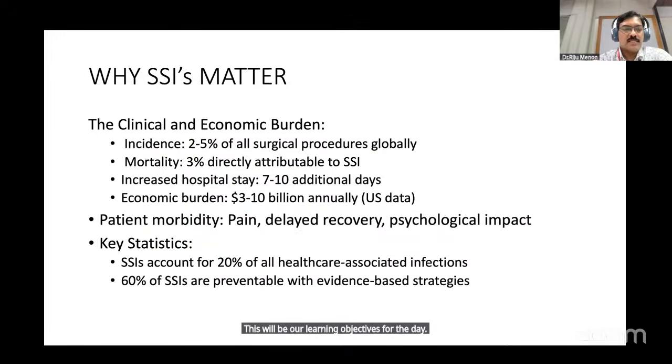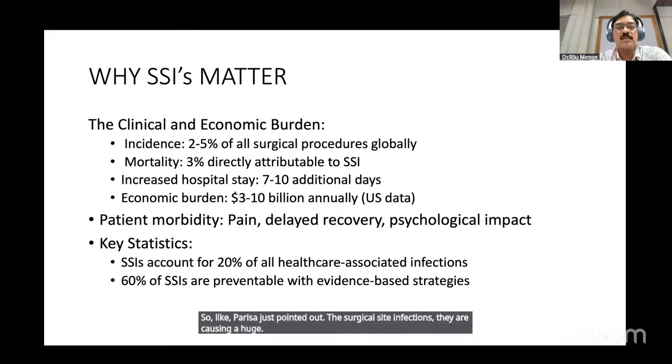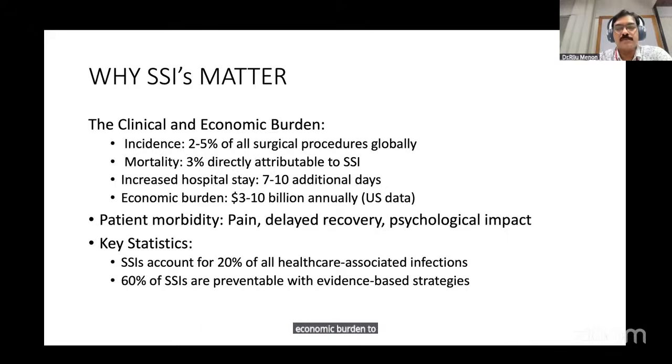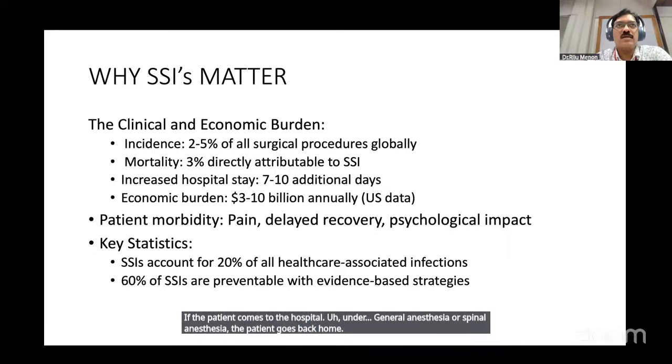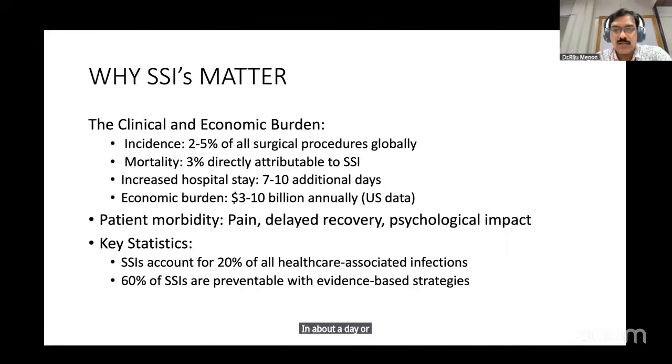Like the earlier speaker just pointed out, surgical site infections are causing a huge economic burden to our economy. A simple hernia, if the patient comes to the hospital under general anesthesia or spinal anesthesia, the patient goes back home in about a day or two if everything is all right.